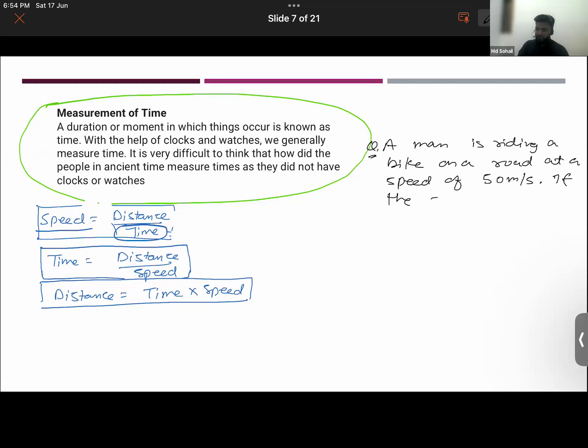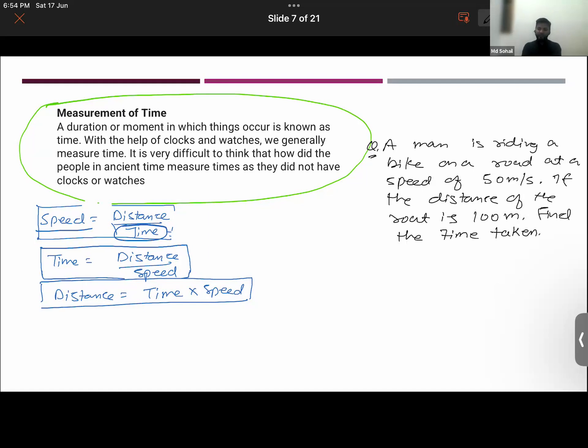If the distance of the road is 100 meter, find the time taken to cover this distance.